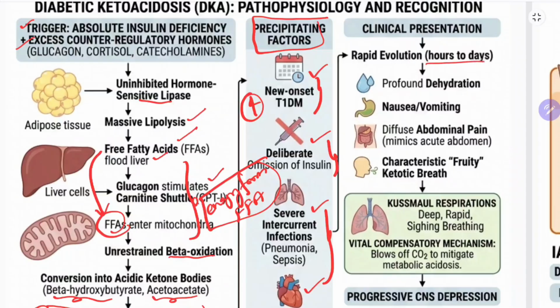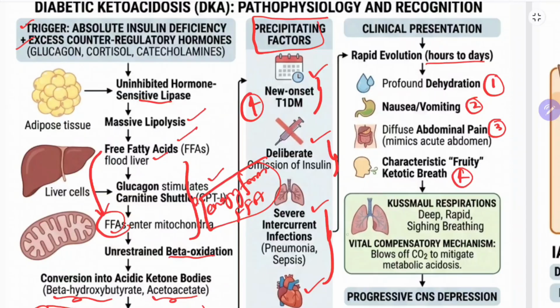Now clinical presentation, rapid evolution from hours to days. So number one is dehydration. Dehydration is a common thing between HHS and DKA. Patient will be profoundly dehydrated. Patient will have nausea and vomiting, diffuse abdominal pain, and a characteristic fruity ketotic breath. Why?